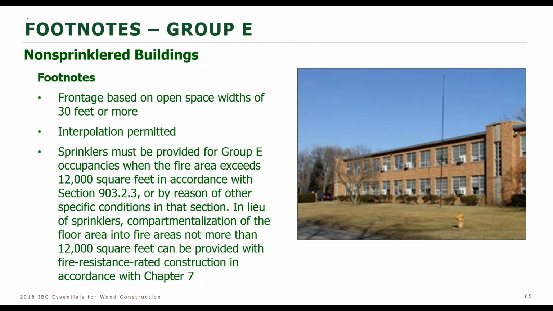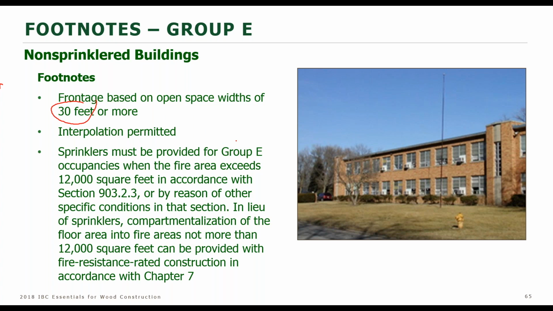First of all, when you calculate open frontage, you're going to have it based on a 30 feet or more open frontage width. So it'll be somewhat of an estimate when you use these tables. If you want to nail it down to the exact number, you do have to go through the formulas in the International Building Code.